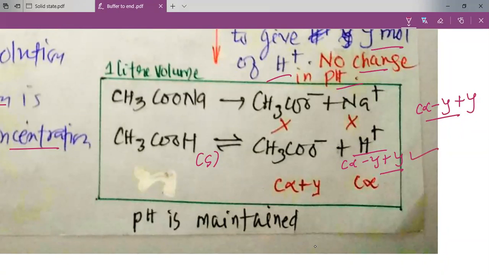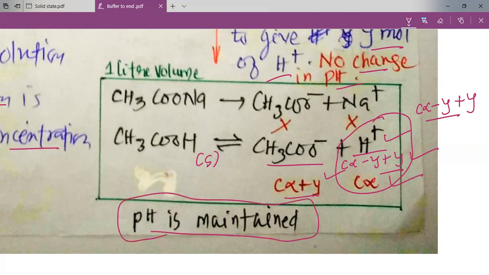As the new Y mole of H plus are produced, my dear students, you can see that CH3COO minus has also got its concentration as C alpha plus Y. So the concentration of CH3COO minus increases, but the concentration of H plus remains constant, and thus the pH of the solution is maintained. So this is the important characteristic by which we can understand how the pH is maintained when we add the alkali into it.